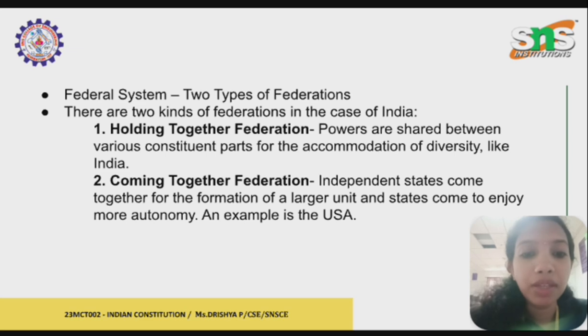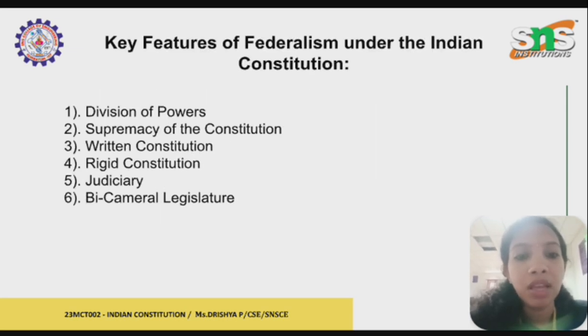The next one is coming together federation. Independent states come together for the formation of a larger unit, and states come to enjoy more autonomy. An example of coming together federation is the USA. Then there are the key features of federation under the Indian Constitution.